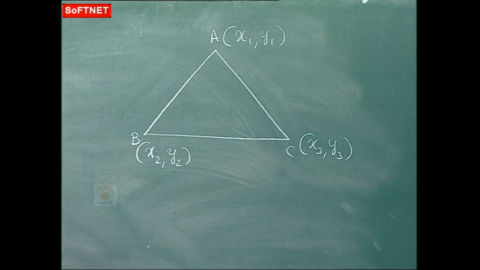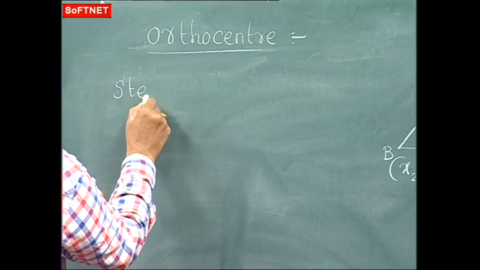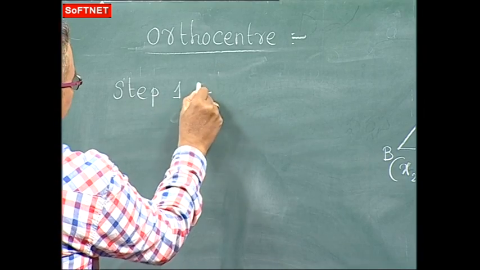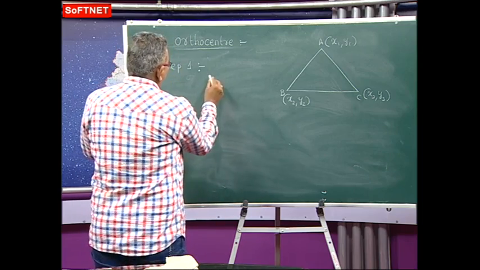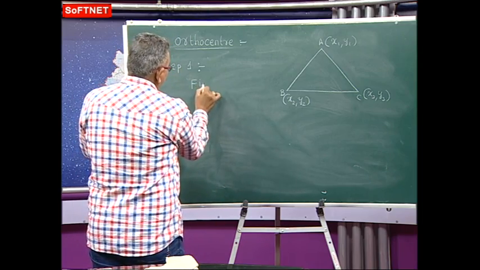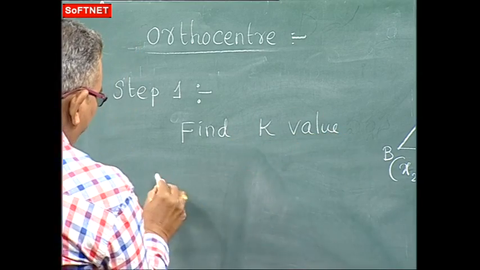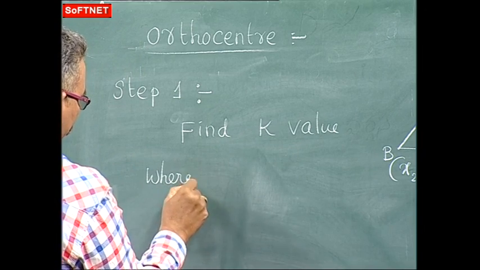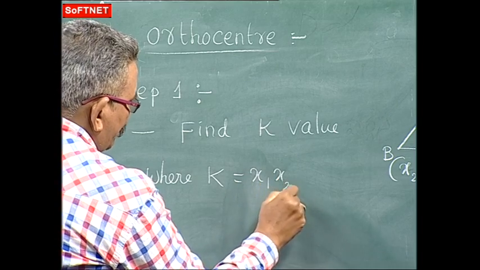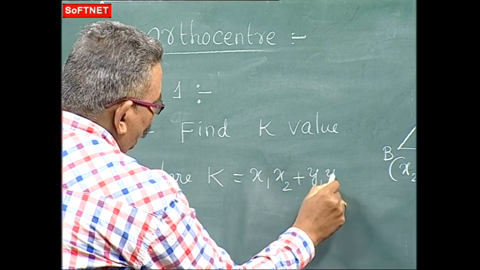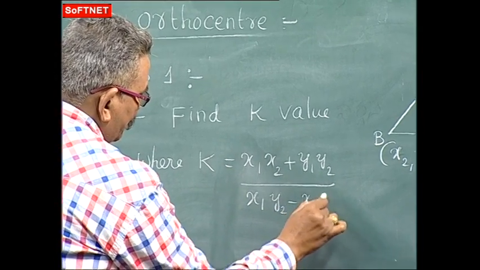In order to find the orthocenter, follow these steps. The first step is to find the K value, where K is equal to x1 x2 plus y1 y2 divided by x1 y2 minus x2 y1.